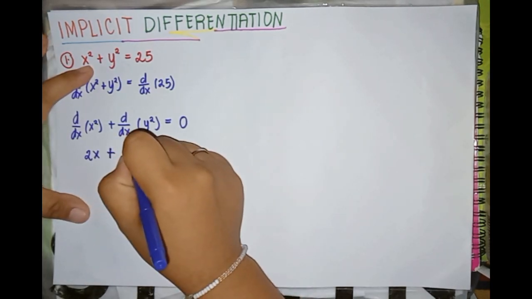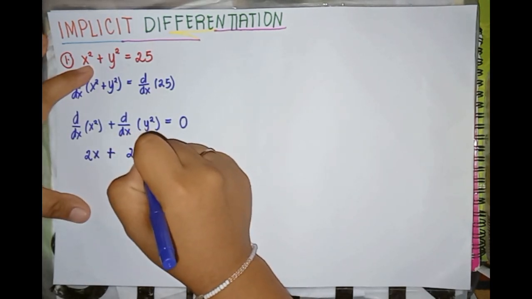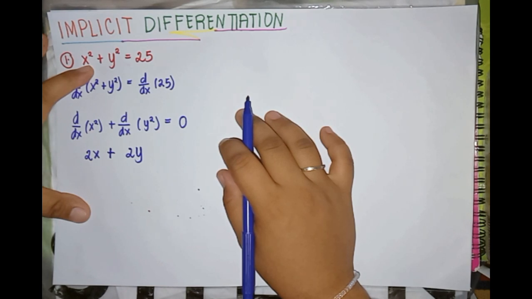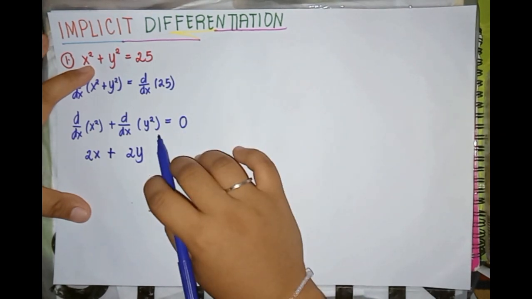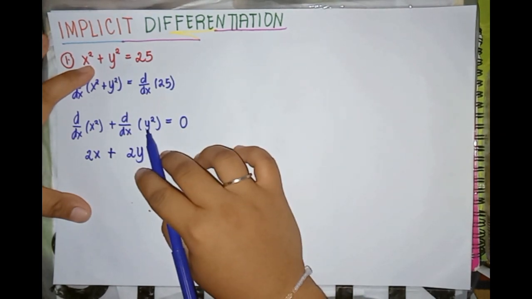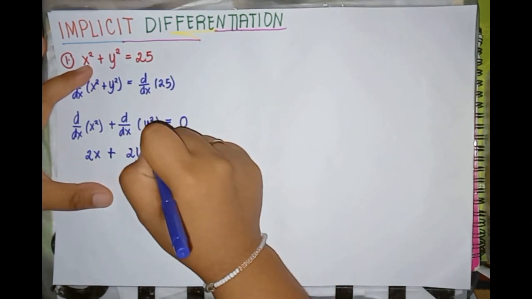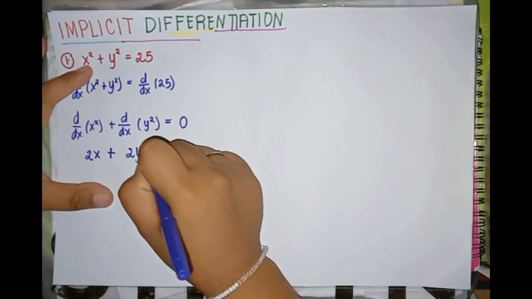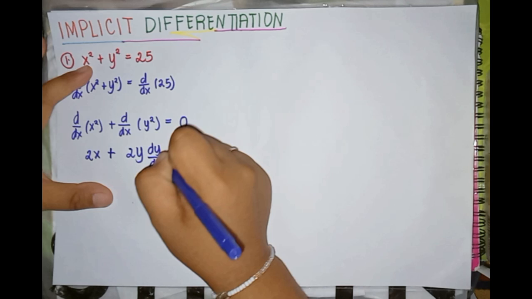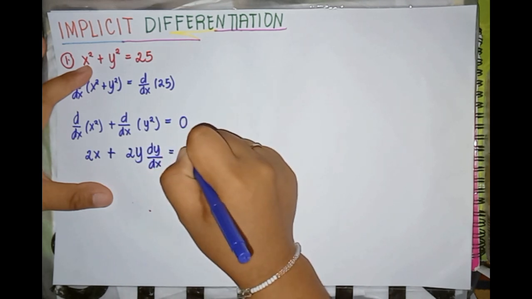Therefore, the derivative of y squared is 2y. With the chain rule, we treat y as the inside function and derive it with respect to x. So the derivative of the inside function is dy over dx.